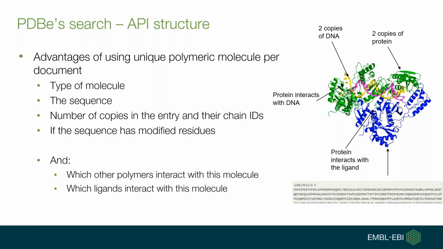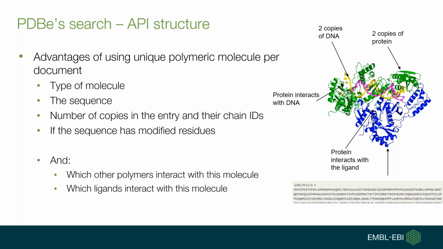The reason we picked this is because we can give you properties of individual molecules within it. So we can tell you the type of a molecule in an entry, the sequence of that molecule, the number of copies of that molecule within an entry and the associated chain IDs.